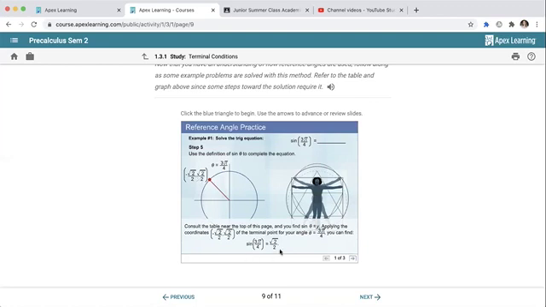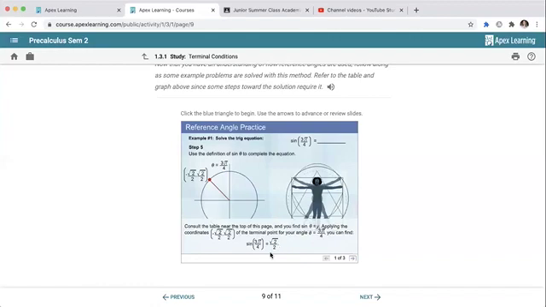Now, if you want to check yourself, this is always a way to check yourself. I plugged in sine of 3 pi over 4. It gave me a positive value. I know first off this is a positive value, so I'm halfway there.